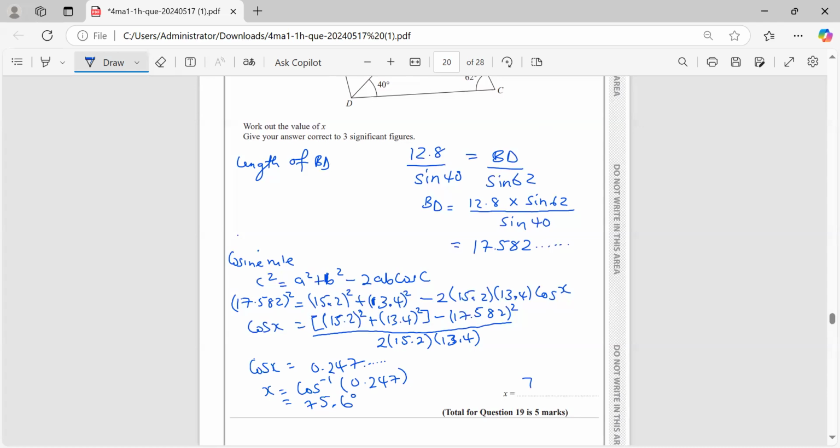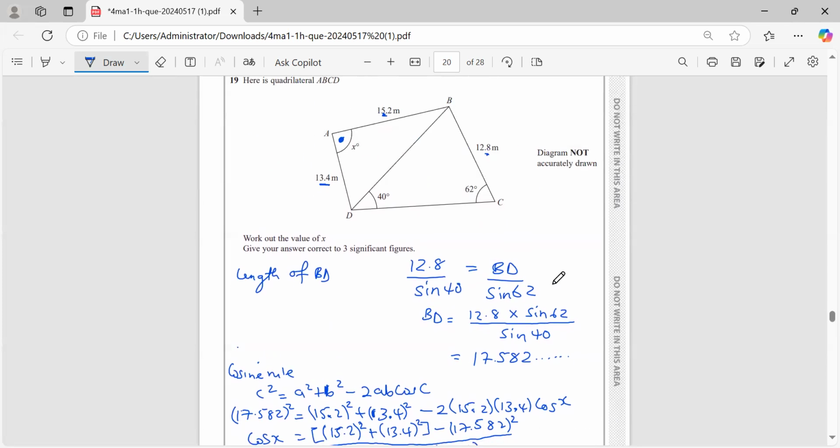So your answer is going to be 75.6 degrees. So that's what you do. You first use the sine rule to get the length of BD, and then you apply the cosine rule to find the angle X.